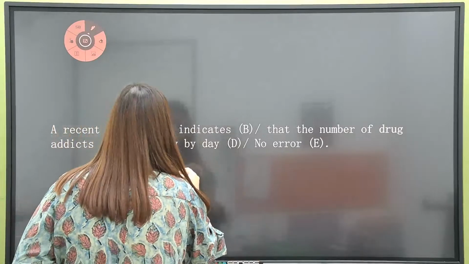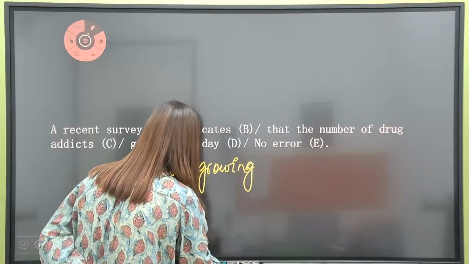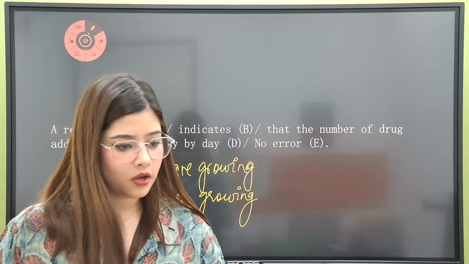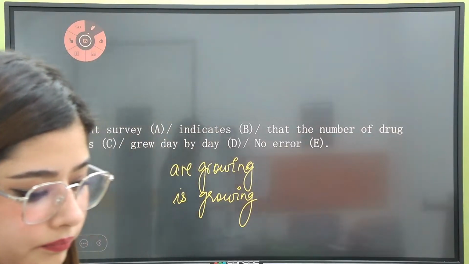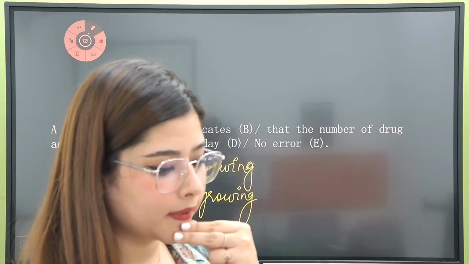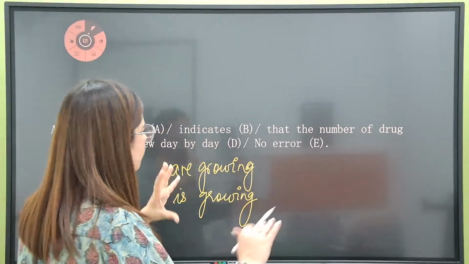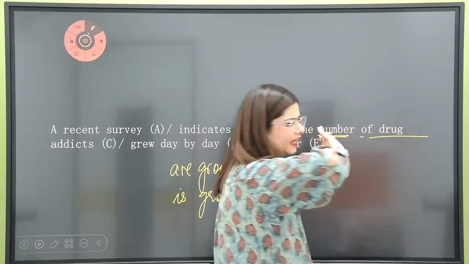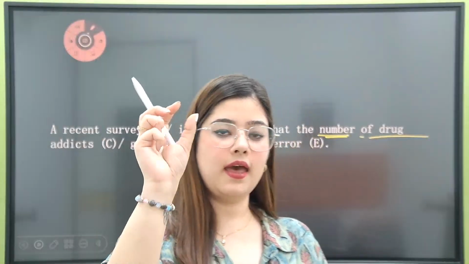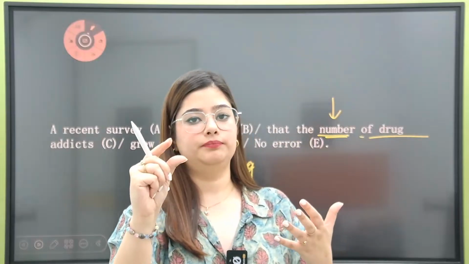Should it be are growing day by day, or should it be is growing day by day? Please remember this always. Whenever you're talking about the number of anything, number is singular.